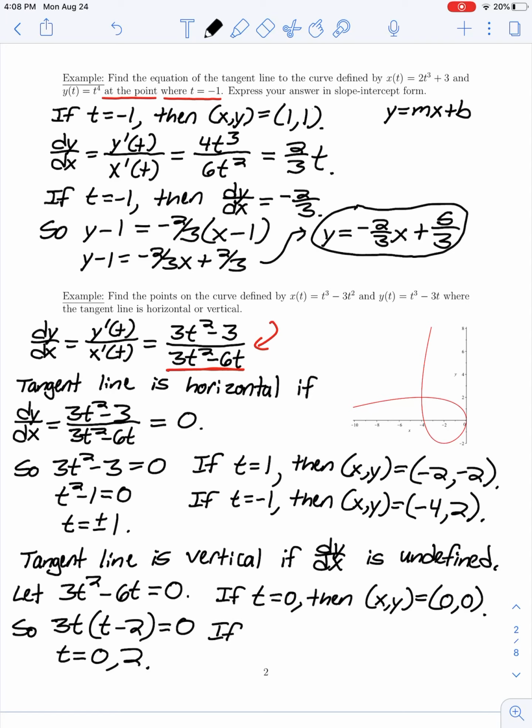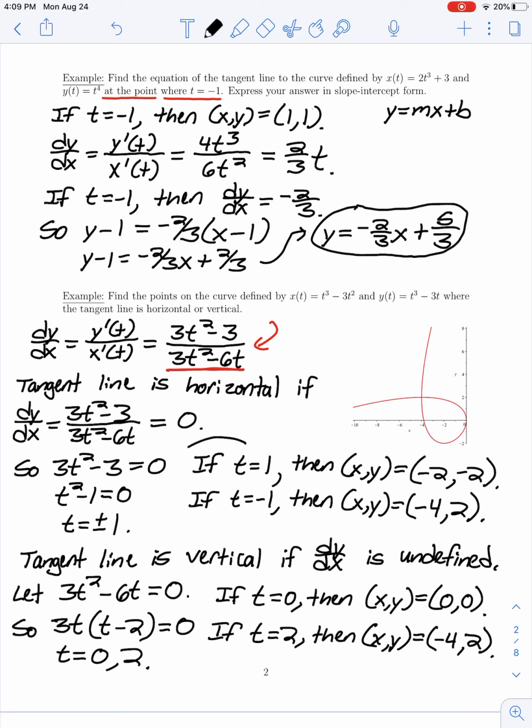And if t is equal to 2, then we have the point x y on our curve would be, let's see, x is 2 cubed or 8 minus 12, so negative 4. And y is 2 cubed or 8 minus 6, which would be 2.